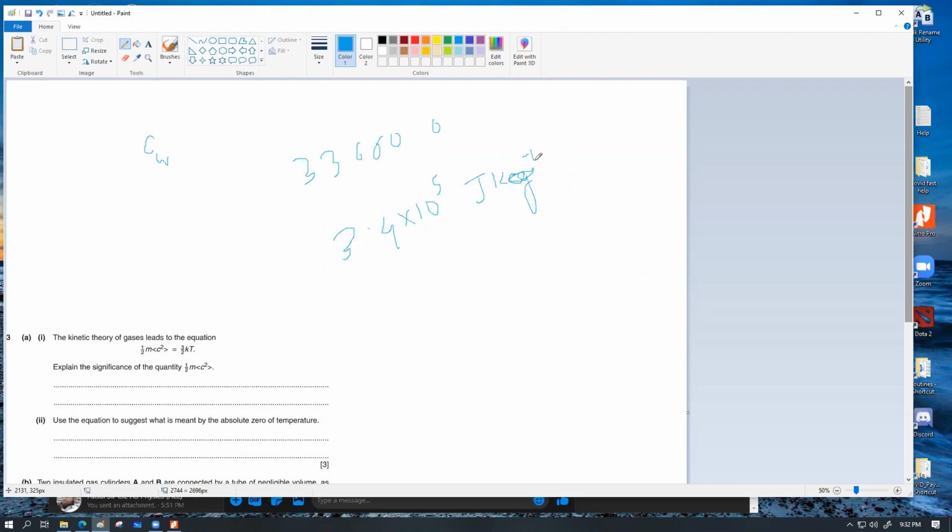Specific heat capacity of steam CS equals 1.2 into 10 to the power 3 joule per kilogram per Kelvin. Specific latent heat of melting of ice equals 3.4 into 10 to the power 5 joule per kilogram, which is given as LF. Specific latent heat of vaporization of water LV equals 2.3 into 10 to the power 6 joule per kilogram.